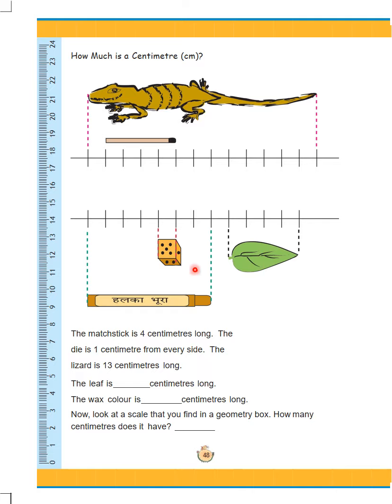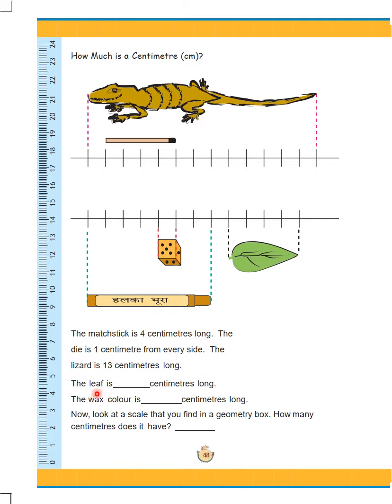Similarly, the die has 1 centimeter length on every side. By counting the lines on the scale, we come to know that the lizard is 13 centimeter long.